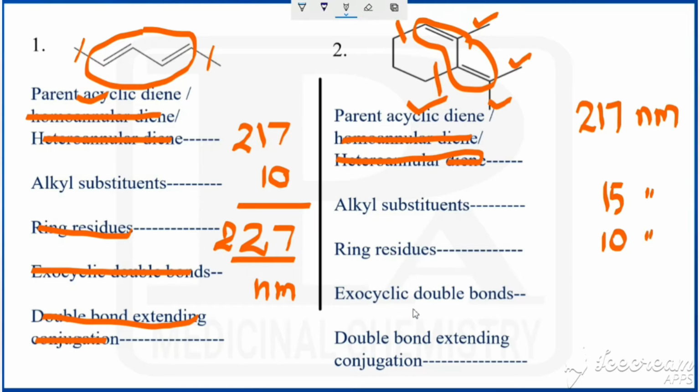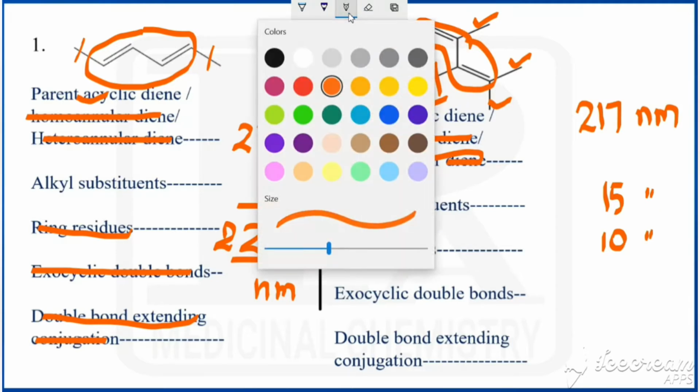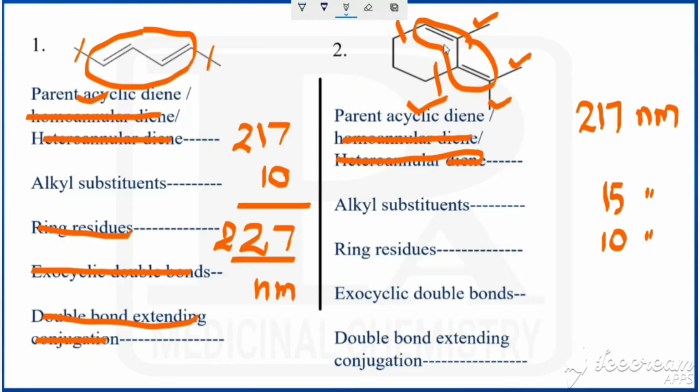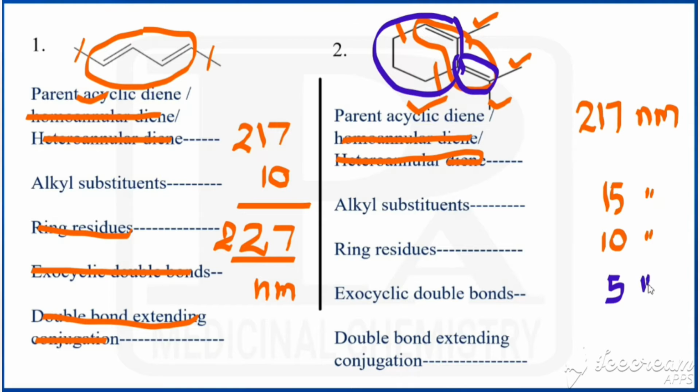And exocyclic double bond. So this would be the ring. According to this ring, this double bond is exocyclic to this ring. That's why it has only one exocyclic double bond. The value for an exocyclic double bond is 5. How many are there? 1. So 1 into 5, that is 5 nanometer.